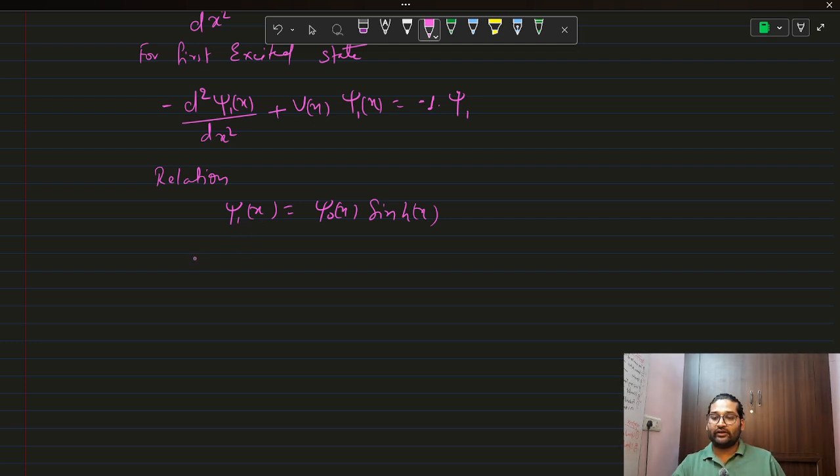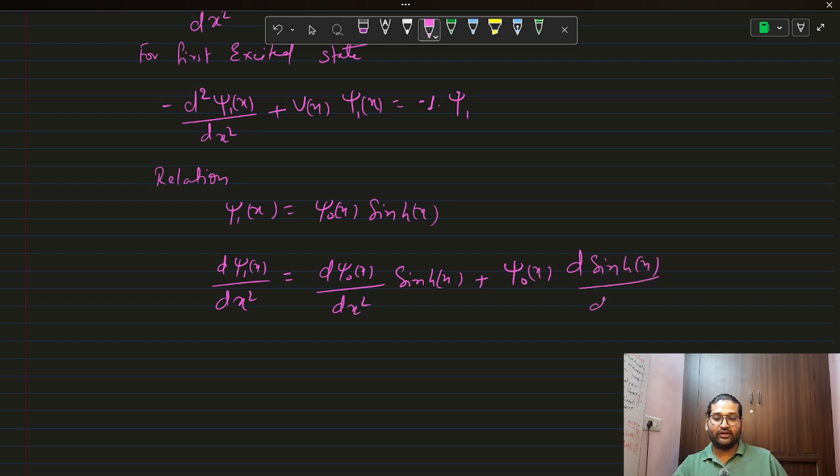First, let's take the first derivative of the wave function psi 1 x. So d psi 1 x upon dx is equal to the derivative of psi naught x, d psi naught x upon dx, times sine hyperbolic x, plus psi naught x times d sine hyperbolic x upon dx.